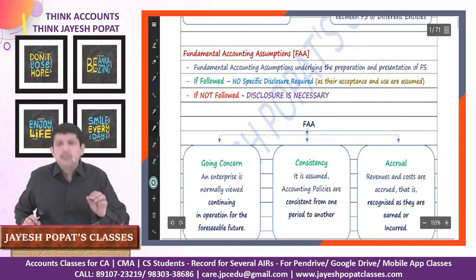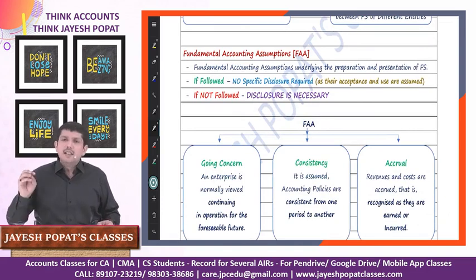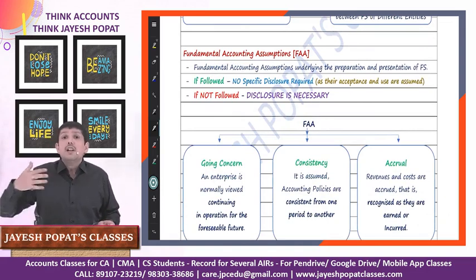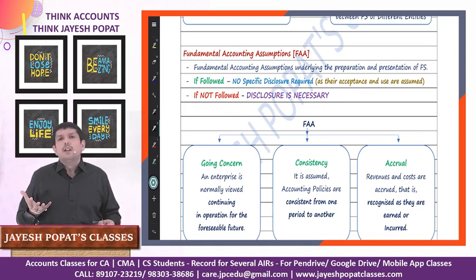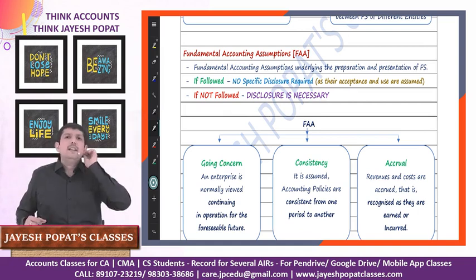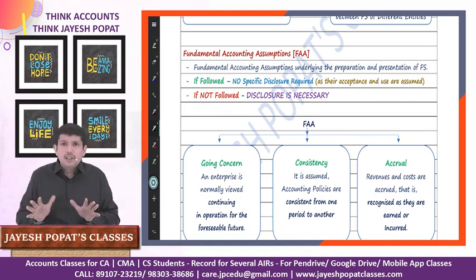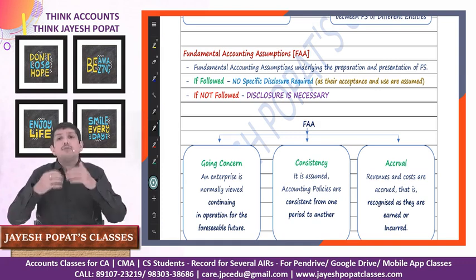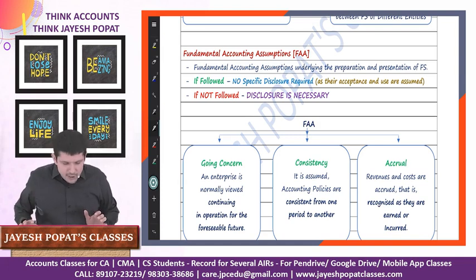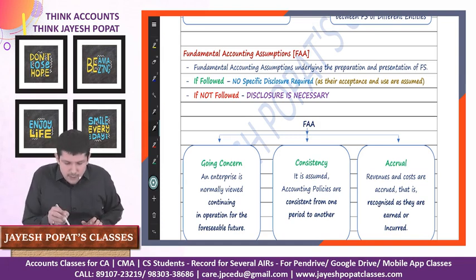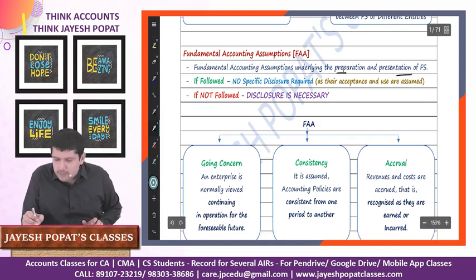Now we'll talk about fundamental accounting assumptions. See, there are certain rules or conventions which are assumed to be followed and adopted by the enterprise in the preparation and presentation of the financial statement. So anybody who is reading the financial statement will assume that these fundamental accounting assumptions have been followed while preparing these financial statements. So these fundamental accounting assumptions underlie the preparation and presentation of the financial statement.